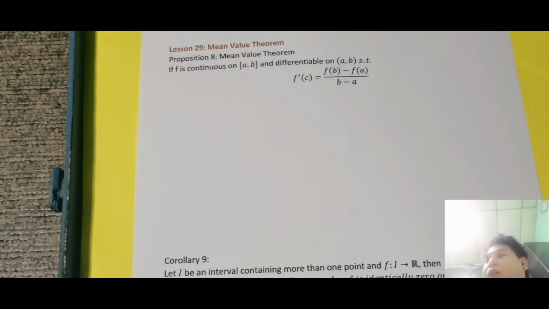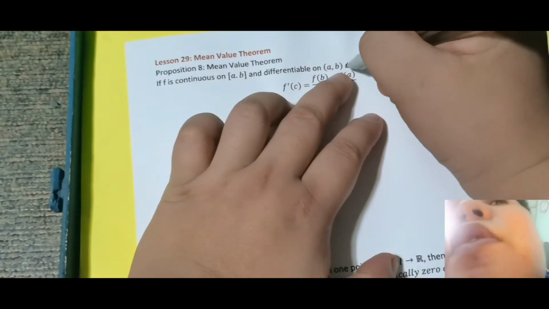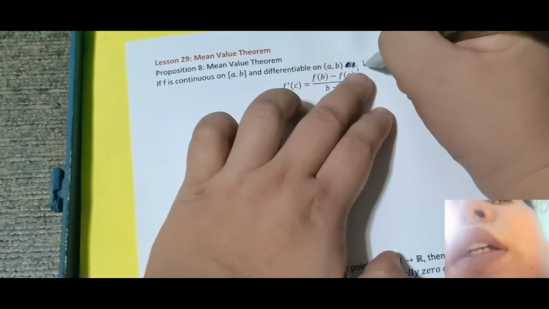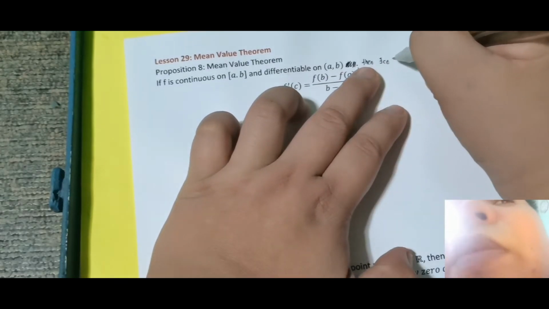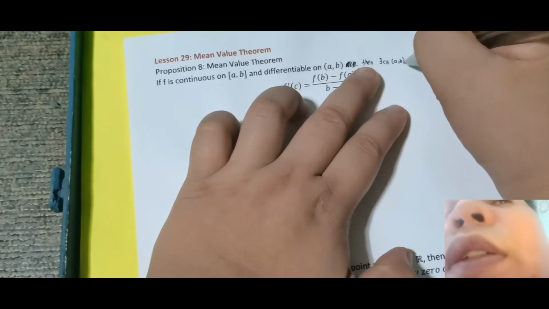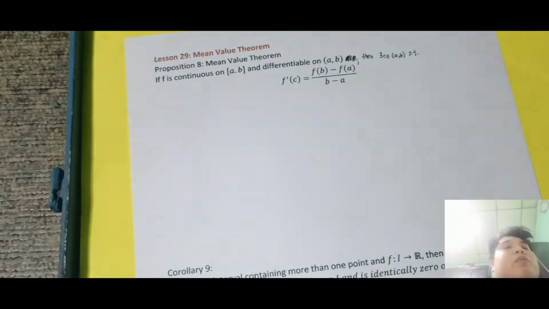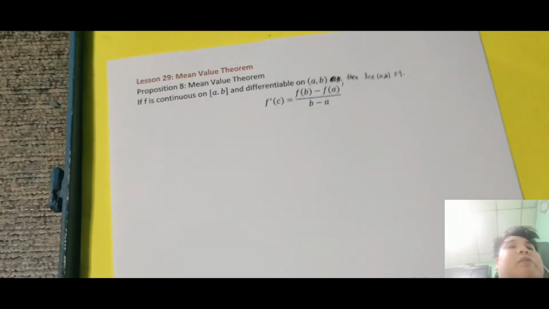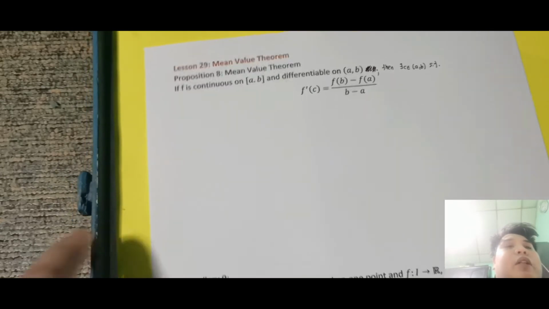Pakibura tong konting definition, kaya pala nalilito ako. So then ito na: then there exists c element ng open interval (a,b) such that f prime of c is equal to (f(b) minus f(a)) all over (b minus a). So ito yung ating mean value theorem.